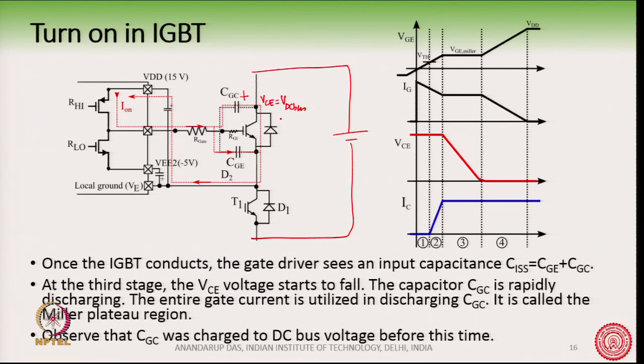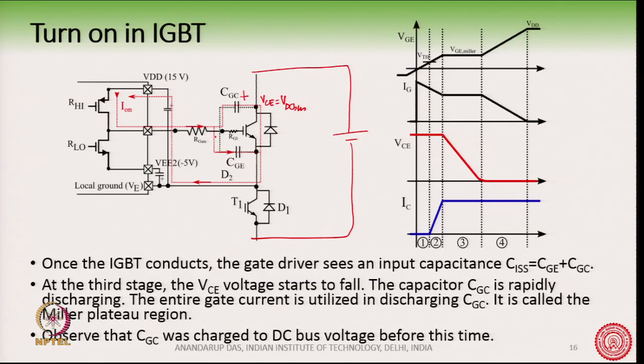So, you can understand that this capacitor CGC has a huge voltage applied across it, and so it has a lot of charge inside it. Unless we take away that charge, we cannot turn the transistor fully on. So, in this stage 3, this capacitor has to be fully discharged.